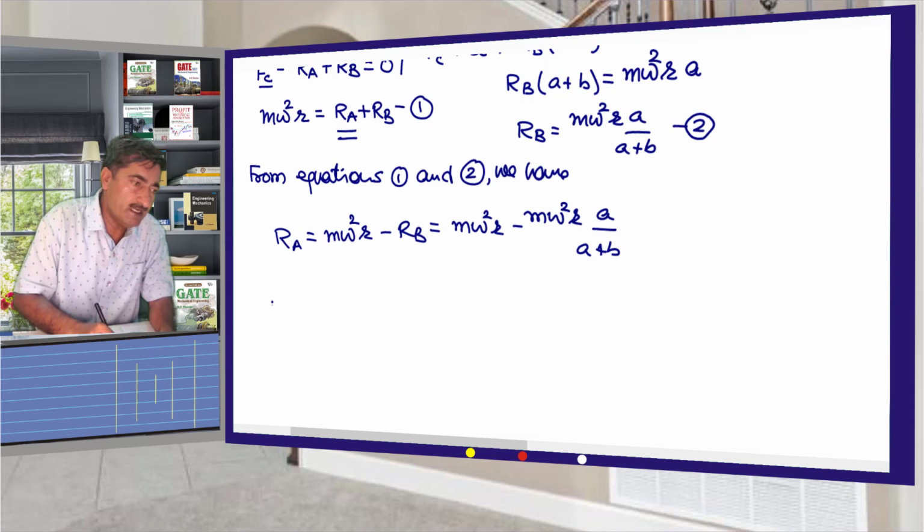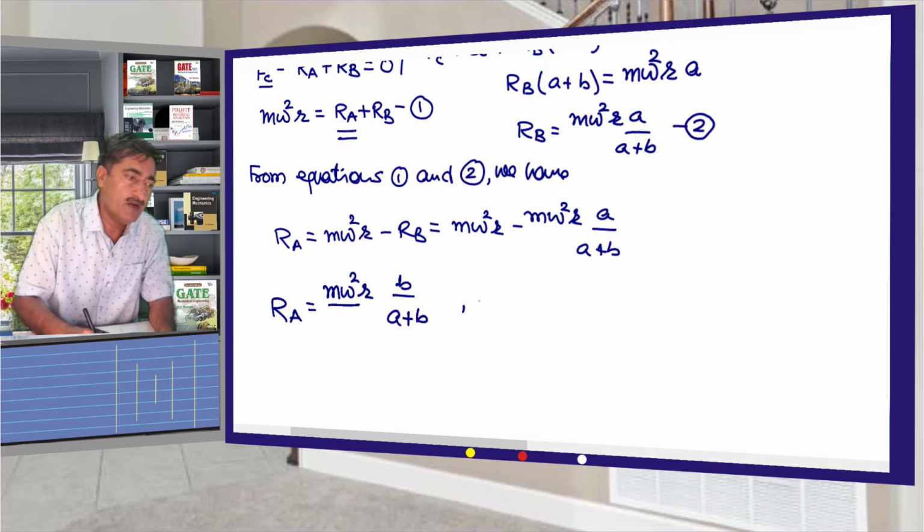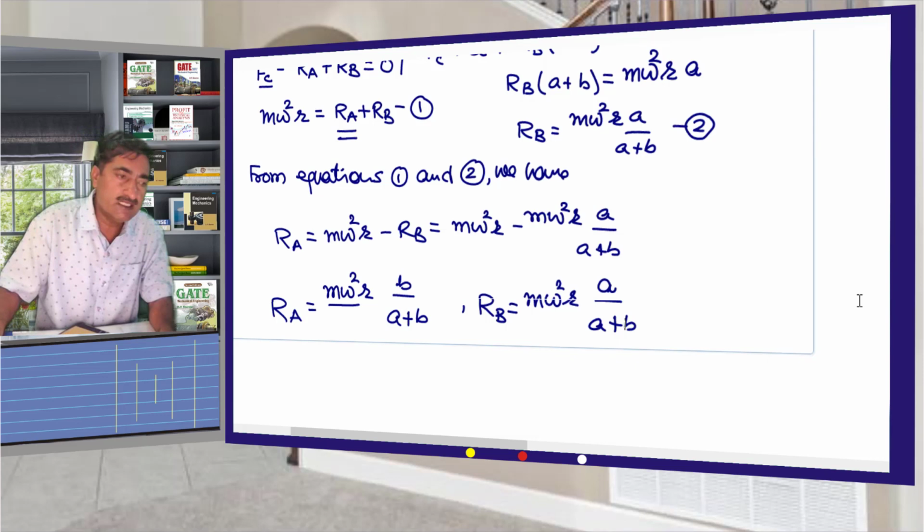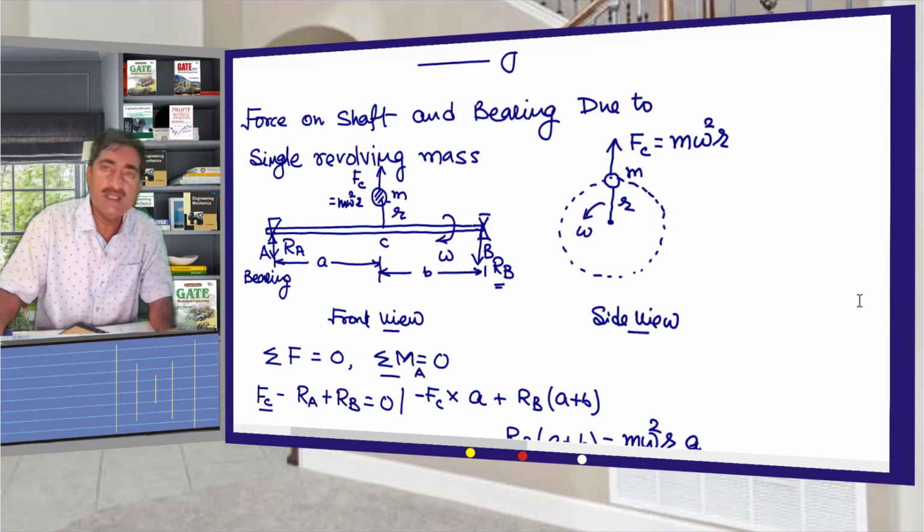Then the reaction at A equals Fc into b upon a plus b, and Rb equals m omega square r, which is the centrifugal force, into a upon a plus b. These are the reactions at bearings A and B.